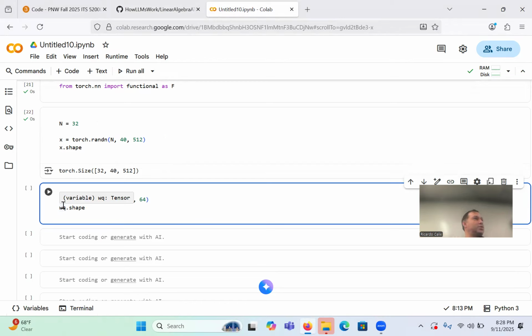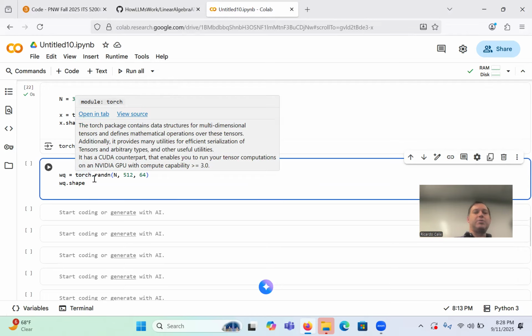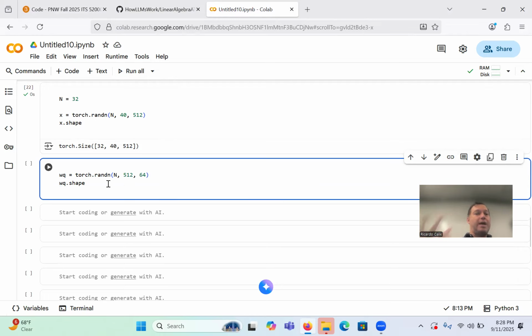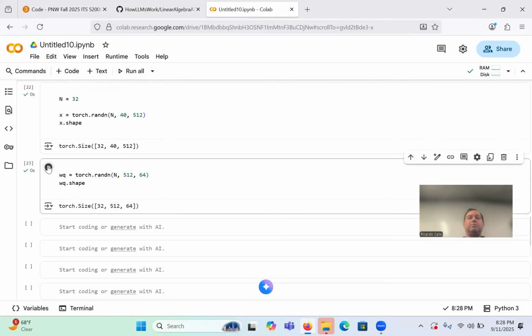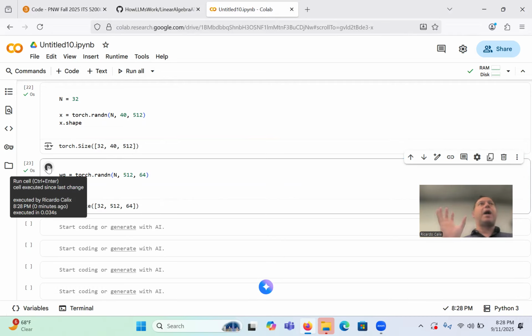Don't worry, I'm only going to do this a couple more times and then it'll become easier. But I do want to drill this down into your head, what's actually happening under the scenes. So what do I do? The same thing I did before. I create a weight matrix, WQ, in a specific way so I can do a transformation. Just like before, we're doing a transformation, okay?